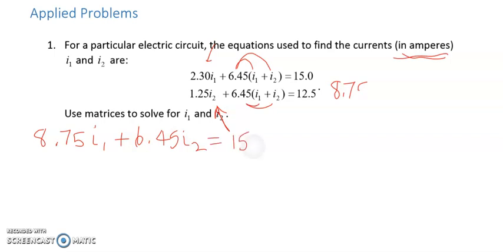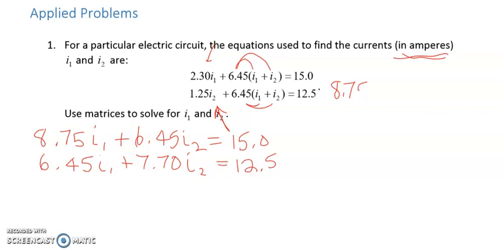That's your first equation. Your second equation is going to be 6.45 I1, and now notice the terms must line up one under the other, plus the second term becomes 7.70 I2. Make sure that algebraically you can determine these on your own. It's not difficult. And it's equal to 12.5.